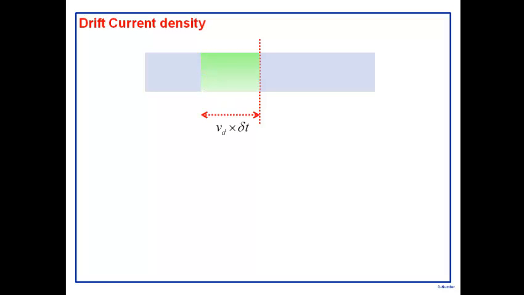The way we do it is, I have a certain drift velocity Vd. Let's take a small interval of time, delta t, so the length is Vd times delta t. Now let's say n is the number of electrons per unit volume.